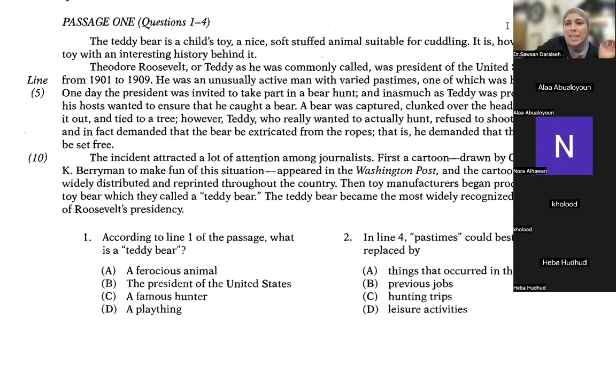It is, however, a toy with an interesting history. Do you know, guys, that this little bear we call the teddy bear has an interesting history, a historical story behind it?